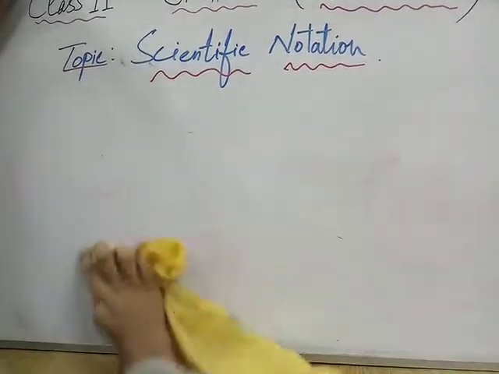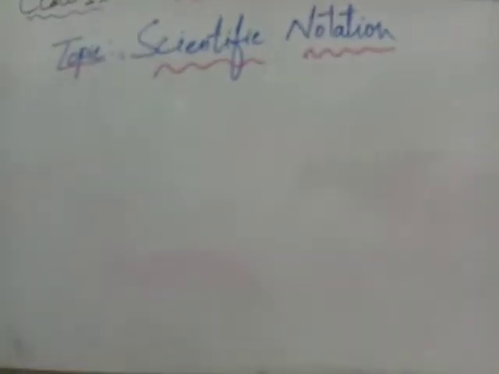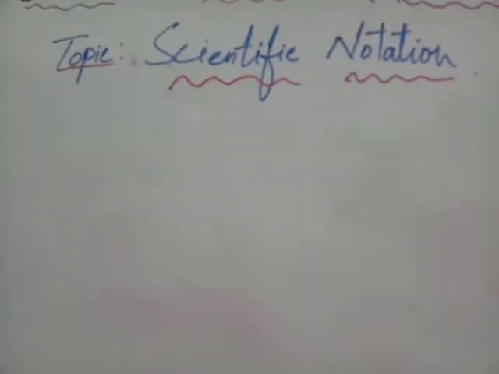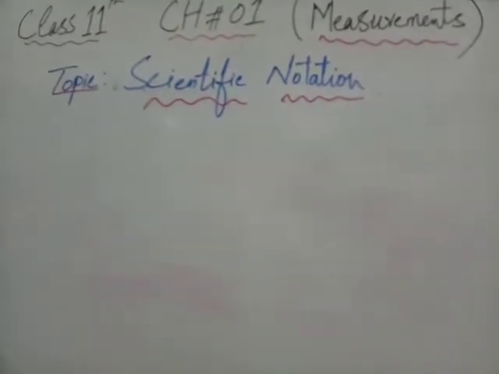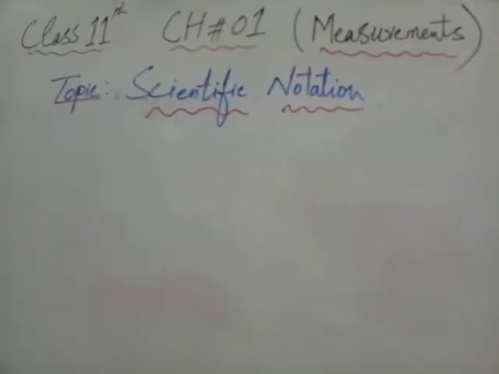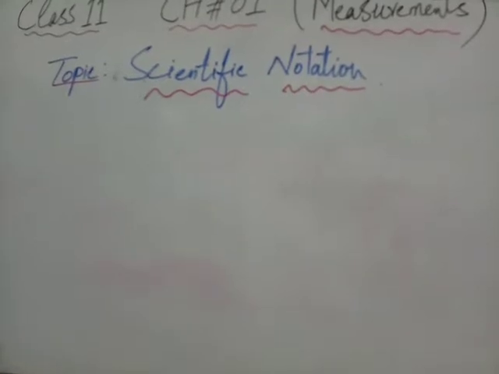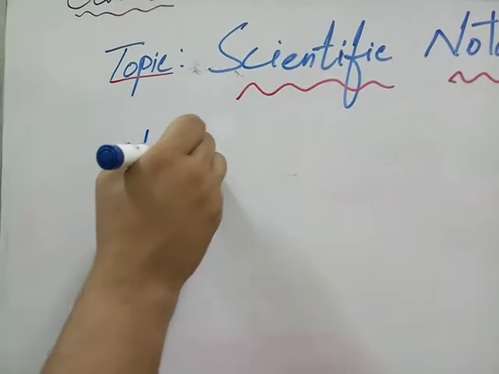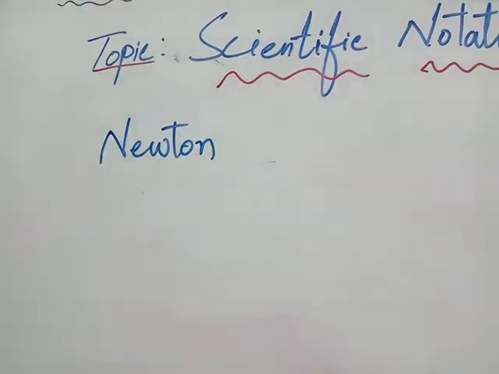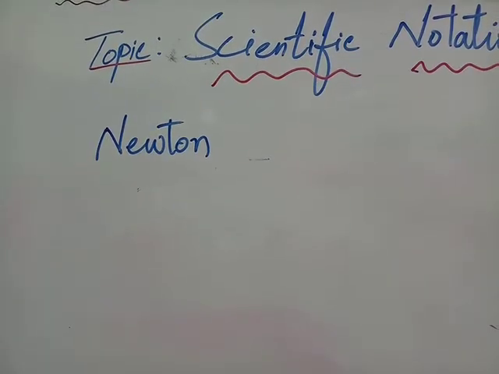I can explain these points. The first point is that the full name of the unit does not begin with a capital letter, even if named after a scientist. Like I can say that the most important unit is Newton.